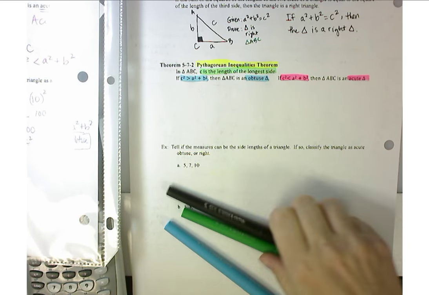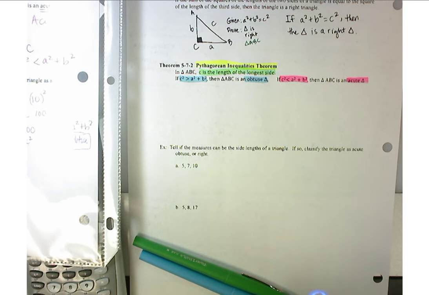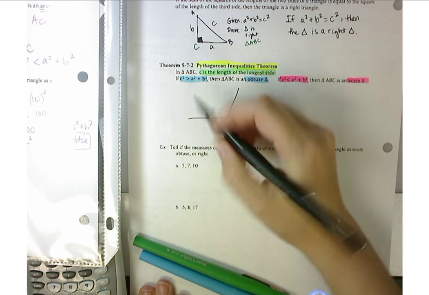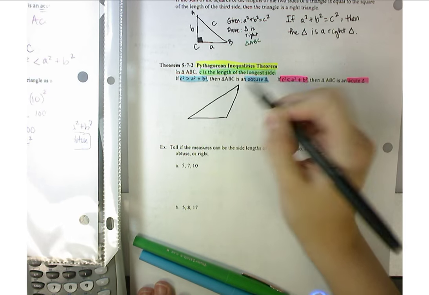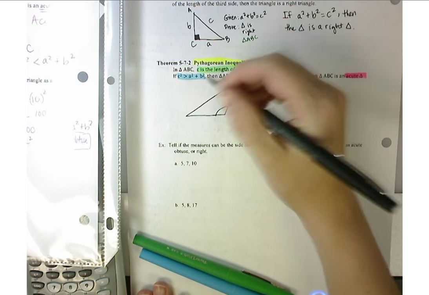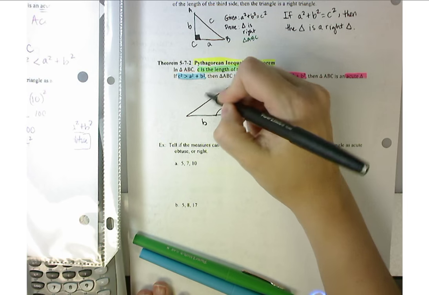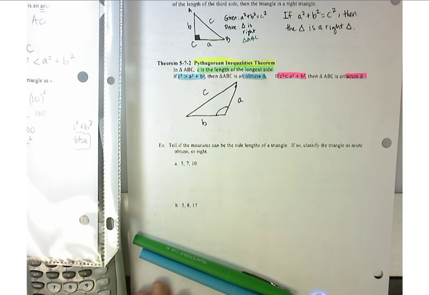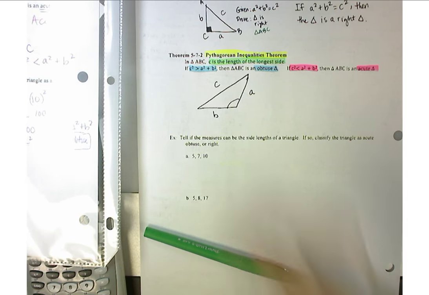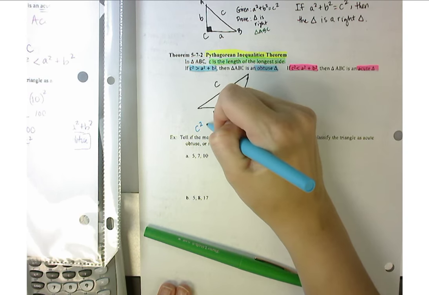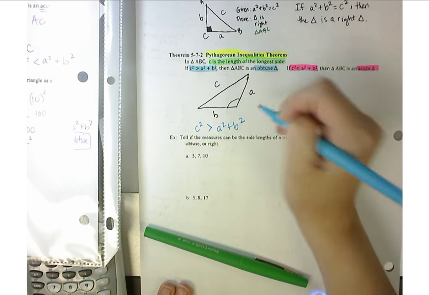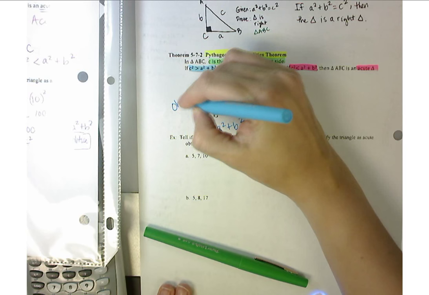So we're going to just draw a visual representation of that. Okay, so here's A, B, C. Okay, so if you have that C squared length is greater than A squared plus B squared, then you have an obtuse triangle.